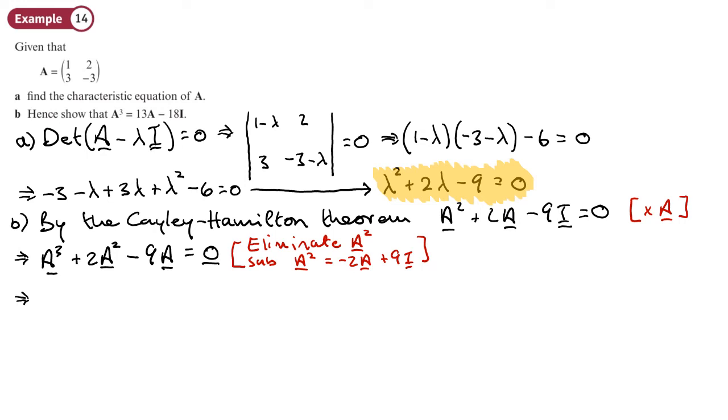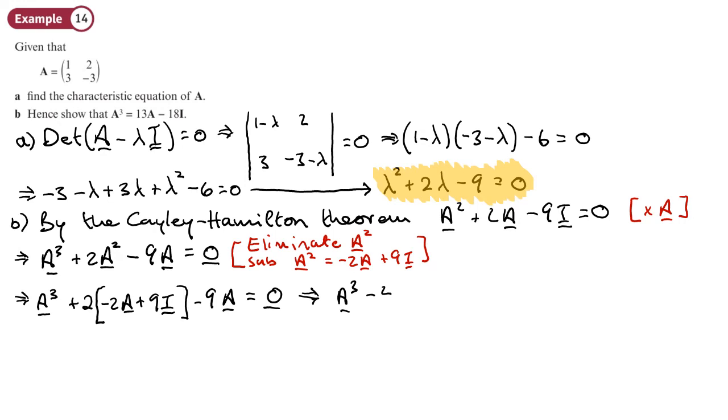So what we'll have now is A cubed plus 2 times this here, the substitution. So 2 times negative 2A plus 9I, minus 9A equals 0. So we'll multiply out the terms. So then we'll have 2 times negative 2A, which will be negative 4A, and then plus 18I minus 9A equals 0.